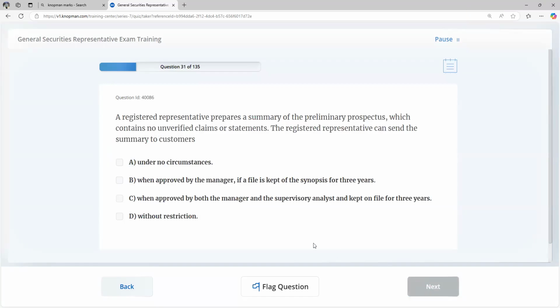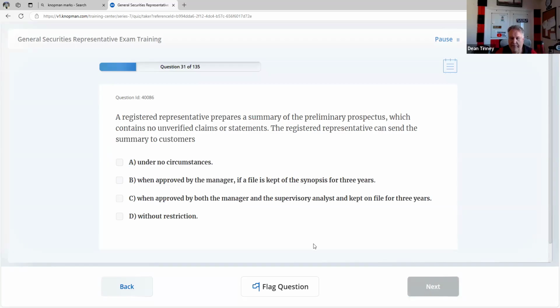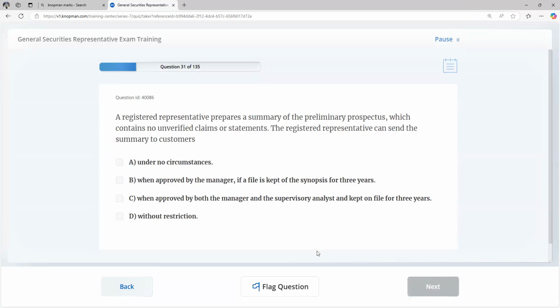A registered rep prepares a summary of the preliminary prospectus, which contains no unverified claims or statements. The registered rep can send the summary to the customers. Okay, he prepares a summary of the preliminary prospectus which contains no unverified claims or statements.